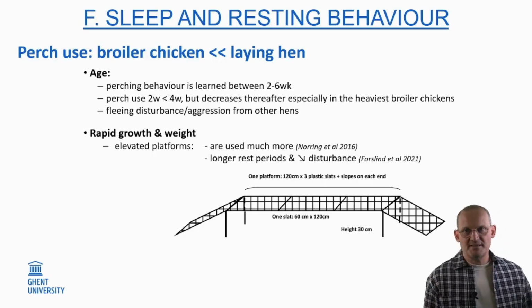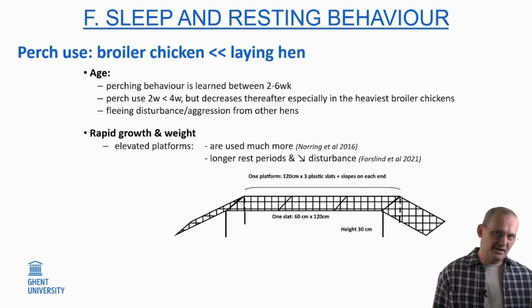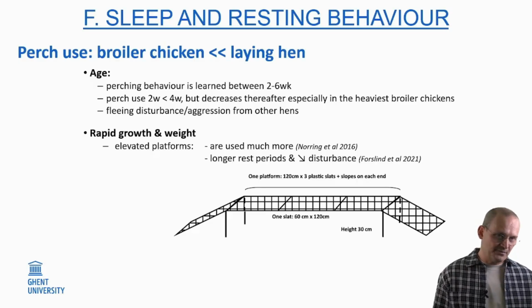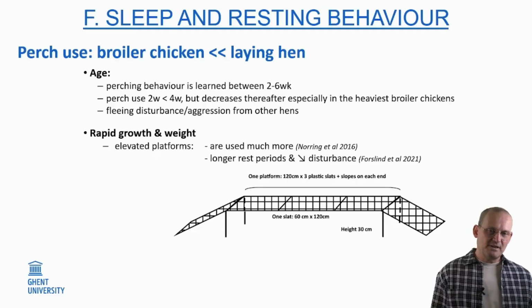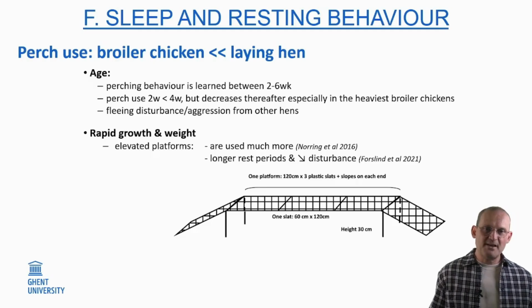Some people think that perching is not important for broiler chickens, and much less important than for laying hens, because if a perch is provided, a broiler chicken uses it much less than a laying hen does. But it's rather a physical inability due to its heavy weight, and especially the heavy breast muscles of a broiler, by which it's no longer physically able to keep balance on a narrow perch.